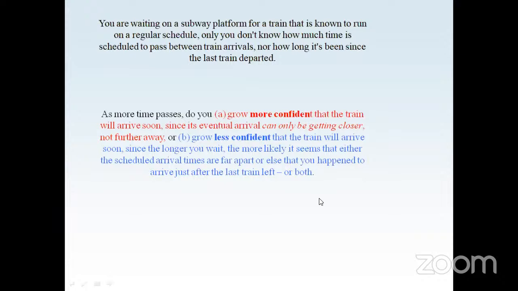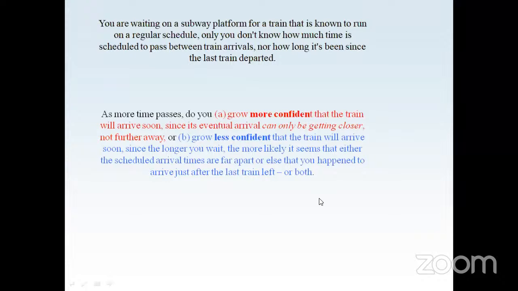Or do you grow less confident that the train will arrive soon, since the longer you wait, the more likely it seems that either the scheduled arrival times are far apart, or that you happened to arrive just after the last train left, or both? So you get two types of thoughts in your mind.